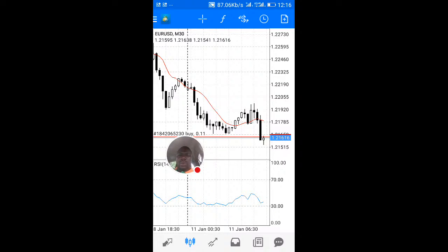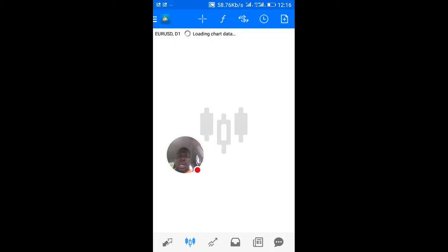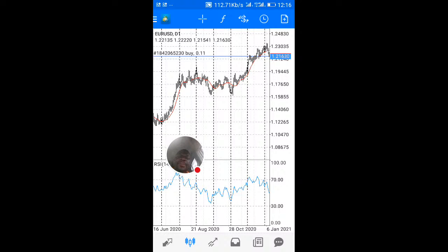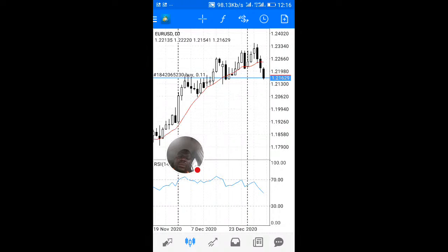Eurusd is used to go in both directions, the buy and sell direction at the same time. For swing traders, for long-term traders, they are also facing the same resistance, because this resistance was faced before.